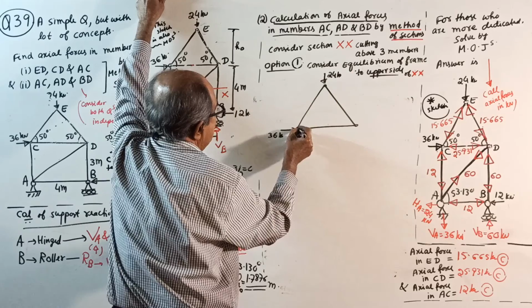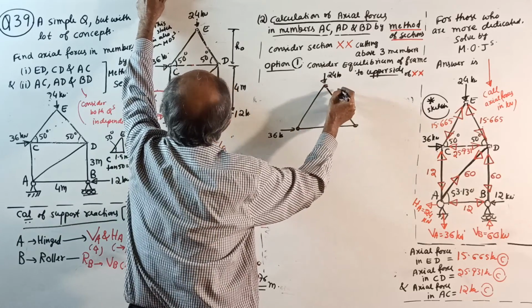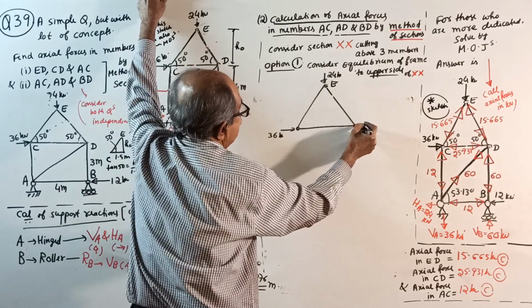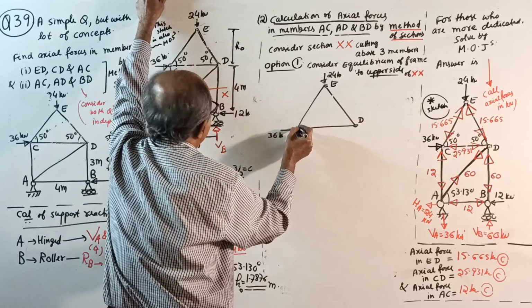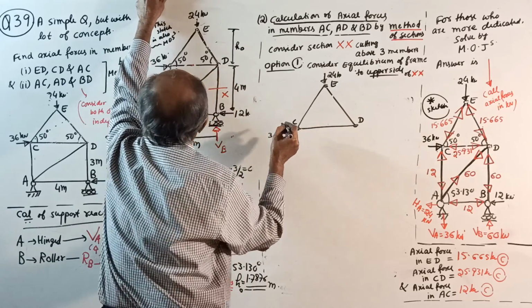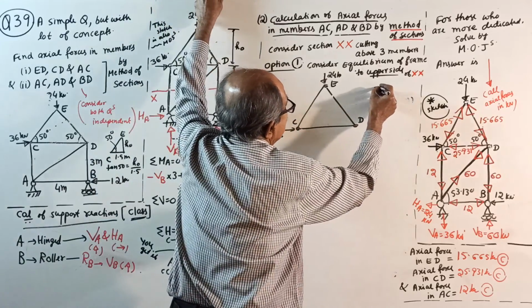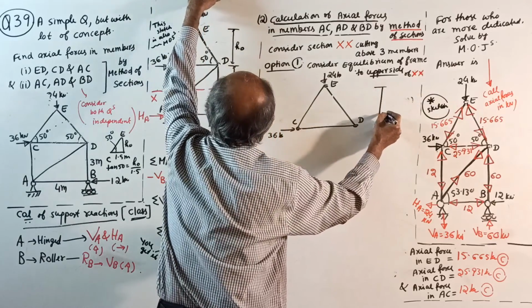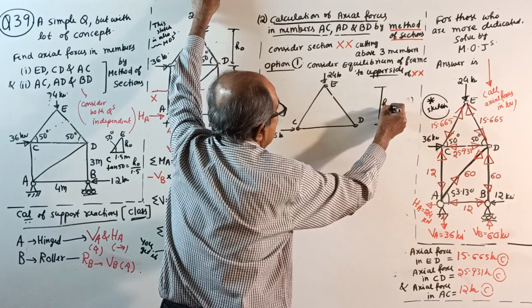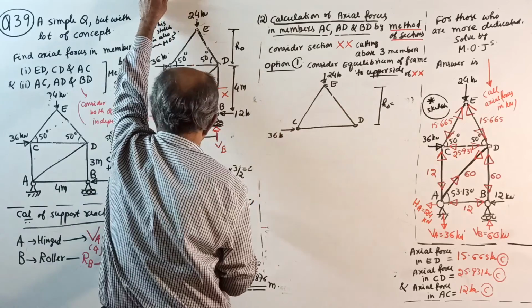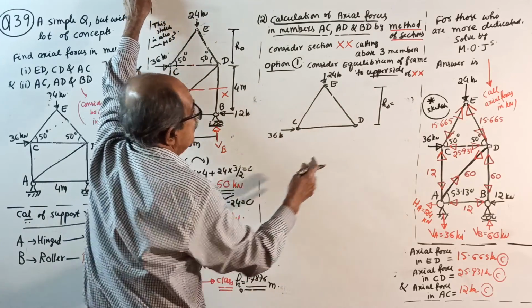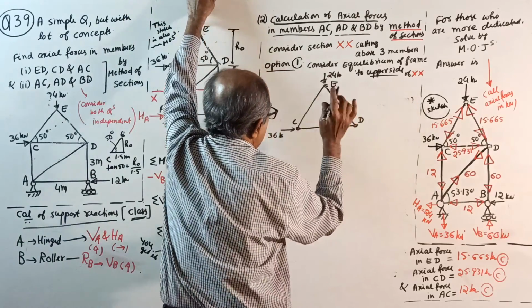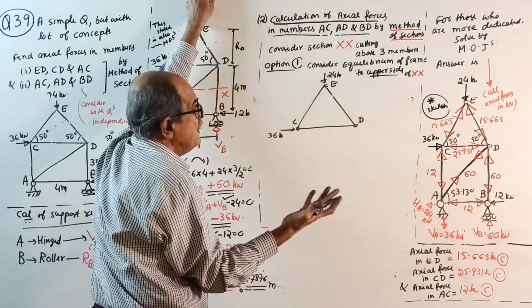Then this is pin. This is E, this is D, this is C. And you may require this height. Write the height there, H0. No, H0 is not required. If the requirement is there, write it.